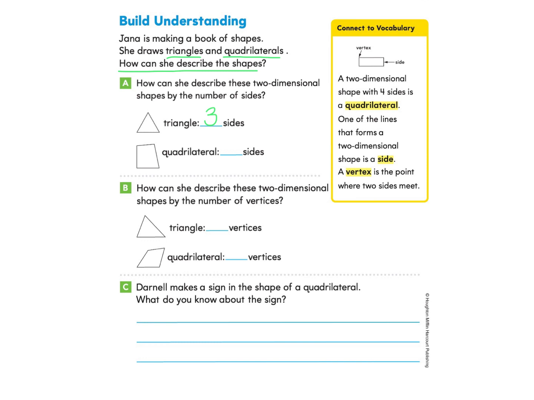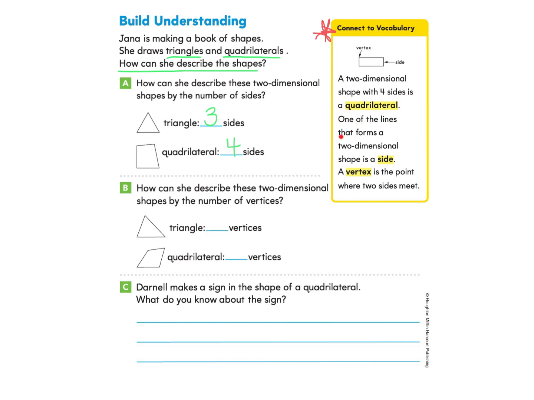Then we look at another shape. Maybe you're not familiar with this shape, but we can still count the number of sides. 1, 2, 3, 4. There are 4 sides on this quadrilateral. Let's take a look at the connective vocabulary to learn a little bit more about quadrilateral. A two-dimensional shape with 4 sides is a quadrilateral.